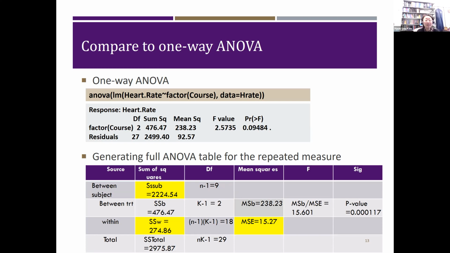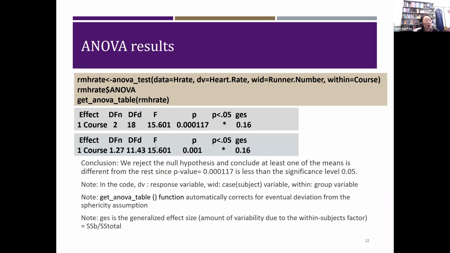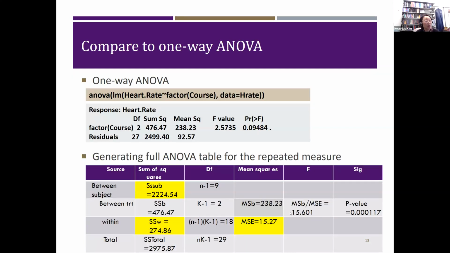MSB can be calculated by 476.47 divided by 2, which is 238.23, the same as the mean squared factor in the one-way ANOVA. From the repeated measure ANOVA table in the previous slide, your F is 15.601 here and here as well, so we copy that number.